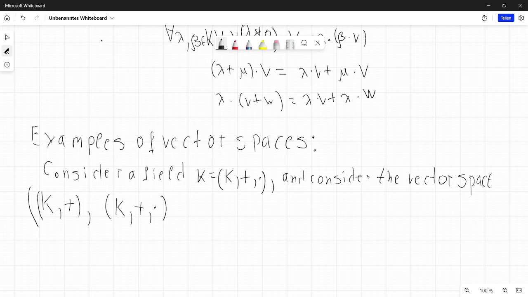If it just has the structure of a vector space, the first element of the quadruple, the second element has a structure of a field, there are no additional requirements, and we just take its own operations, where, pay attention, plus is really plus in K, and dot is really the operation in K, so that we just define the scalar multiplication to be the actual multiplication of the field, which is possible because the scalars and the vectors are actually from the same set on which the multiplication is already defined.